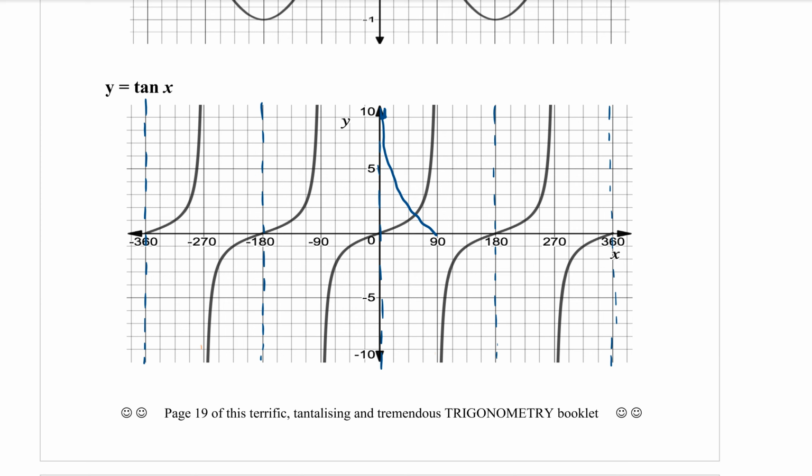And then it reflects and it comes down, and it does the same thing on the opposite side. So what happens is, I'll fill the other ones in, the asymptotes move over slightly, and the curves go the other way, because we've done the reciprocal of them. And that is our cot graph.